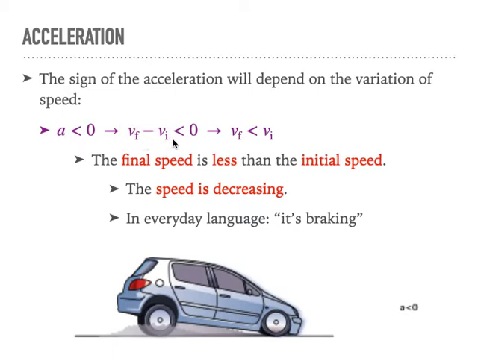And if the initial velocity is bigger than the final one, it means that we are losing velocity, we are losing speed. So the speed is decreasing because the final one is less than the initial one. In everyday language, it's braking, so it's stopping, okay?